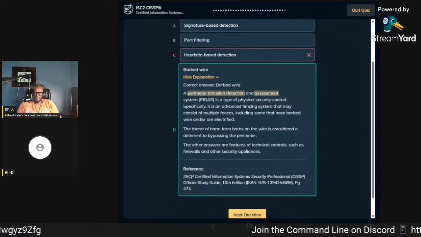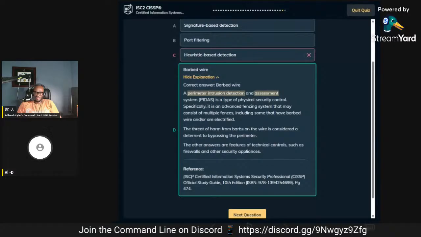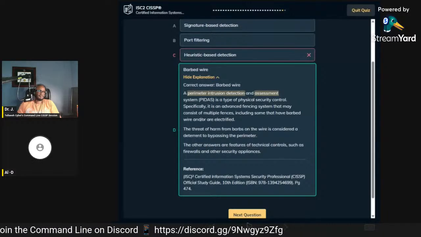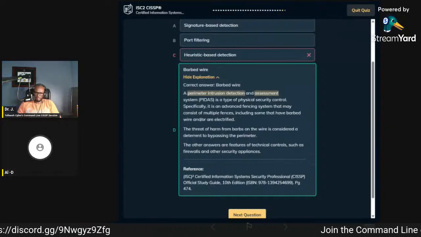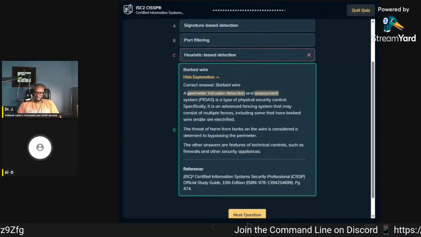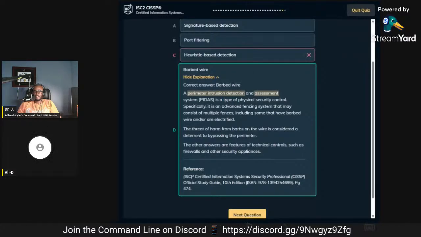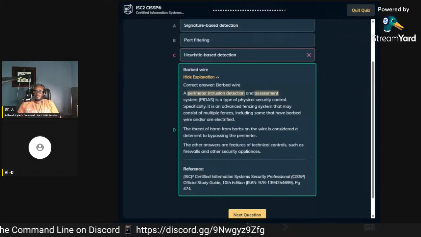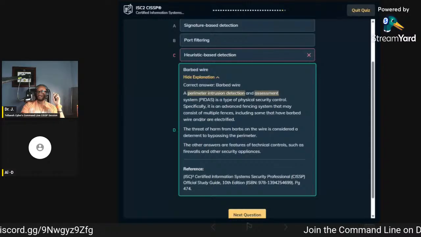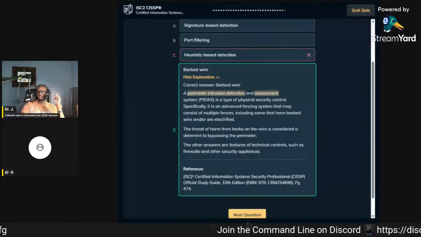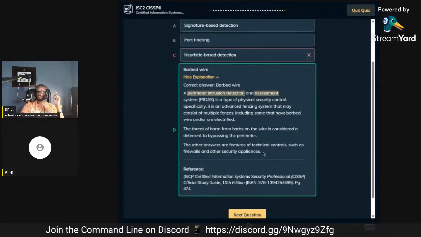I was looking at detection, at signature-based, port filter, and heuristic-based detection, and all of them were technical, whereas barbed wire is physical. So either it was going to be all the way off or spot on. PIDAS is a type of physical security control, specifically an advanced fencing system that may consist of multiple fences, including some that have barbed wire and are electrified.